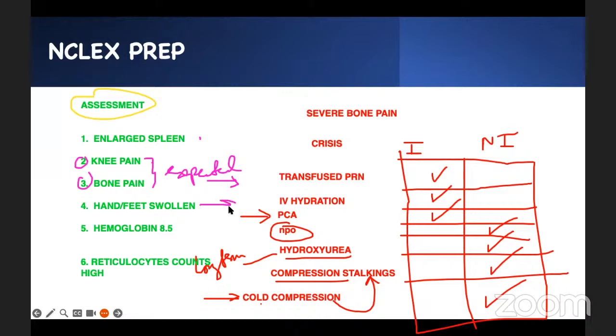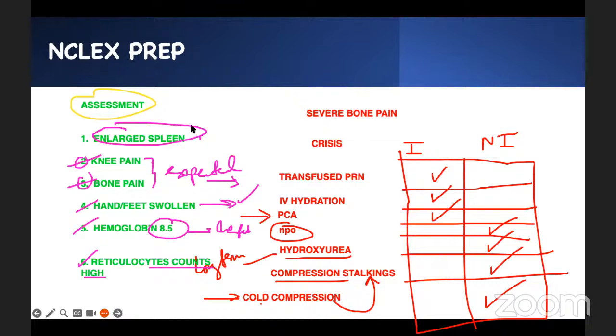The hand swelling is an expected finding for a sickle cell patient. A hemoglobin of 8.5 is expected. She's in crisis, why are you worried about it? It's all expected. Reticulocyte count, yeah, it's also expected.